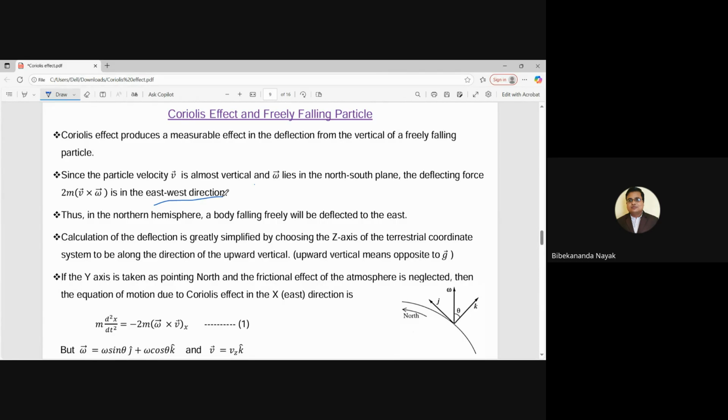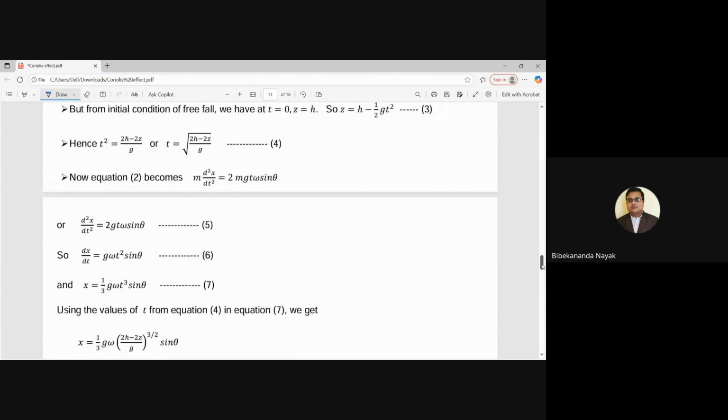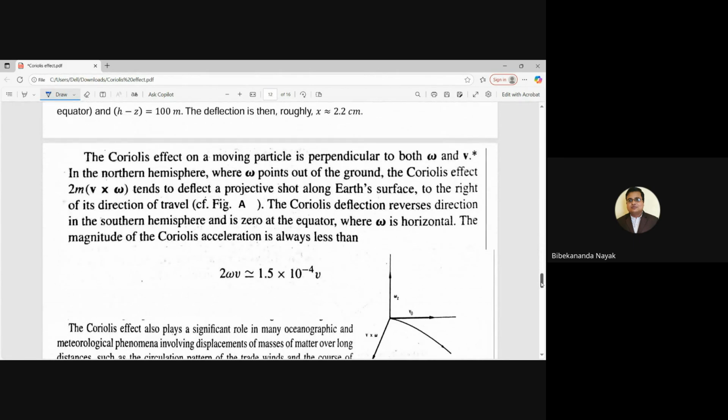That means in the northern hemisphere, like India, all effects move slightly towards east. Whatever is calculated by Newtonian mechanics or normal formulas, if you measure exactly, you find all shifted slightly towards east due to the Coriolis effect in the northern hemisphere. In the southern hemisphere it is opposite, towards west. This is the Coriolis deflection.